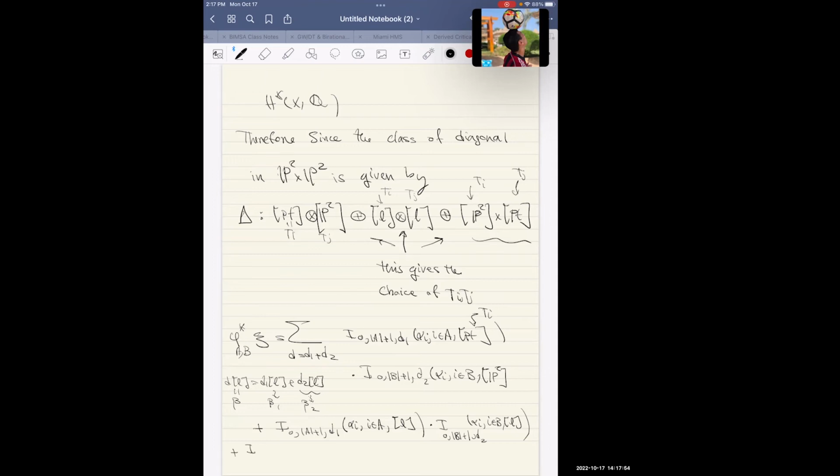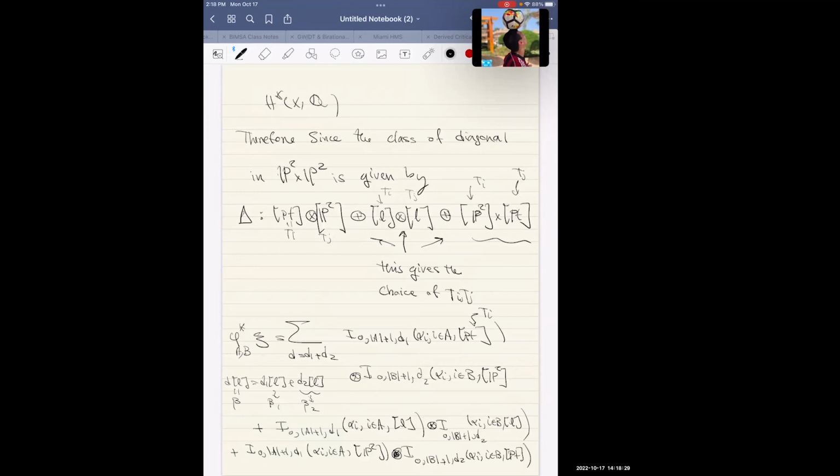So plus I0 A plus 1, D1, alpha I in A, and then the class of the P2, times, tensor I0 B plus 1, D2, alpha I in B, the class of the point.